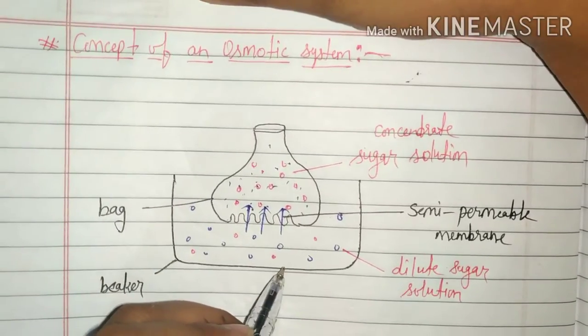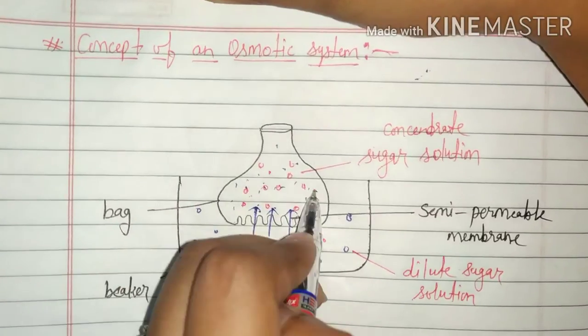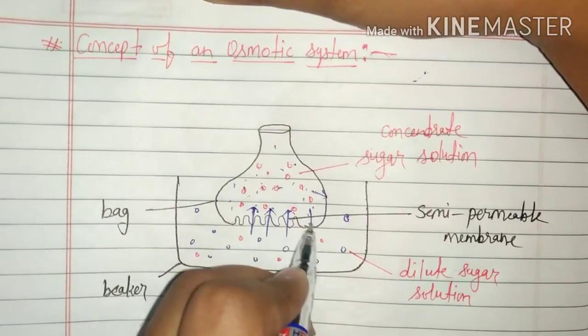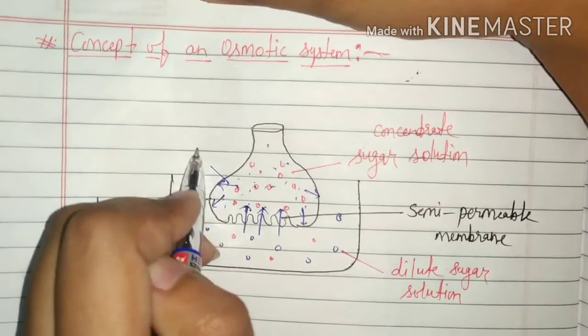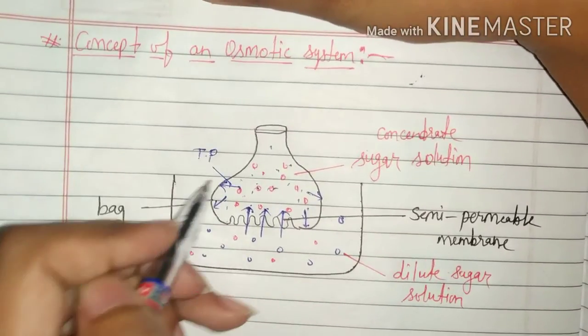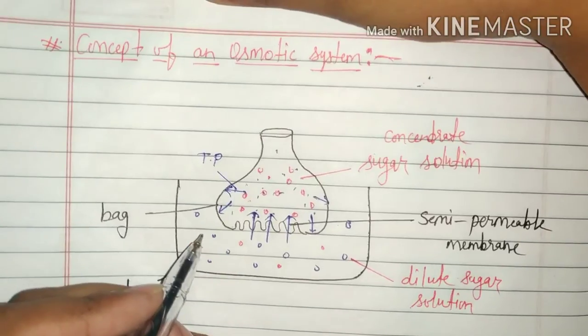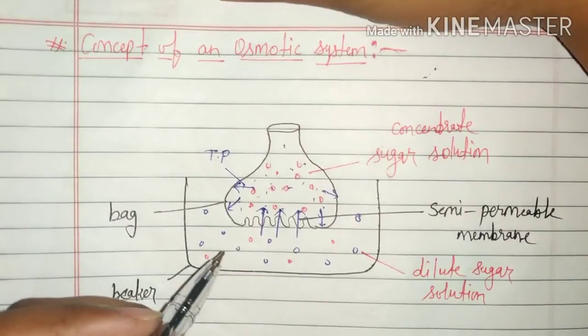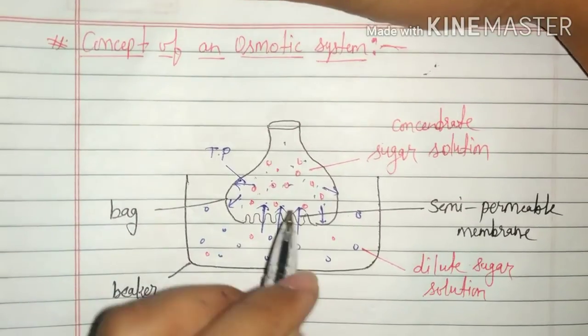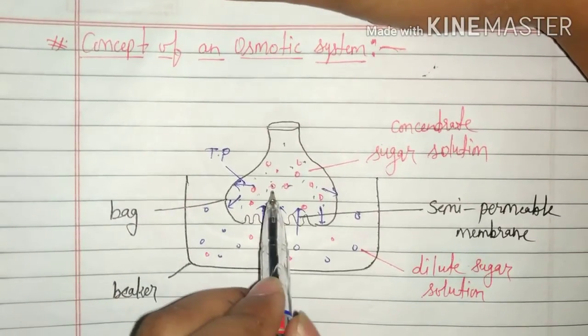This pressure is called turgor pressure, because the bag becomes fully turgid.